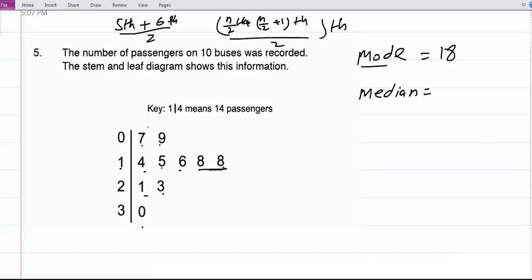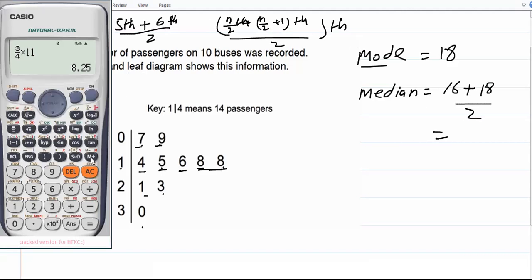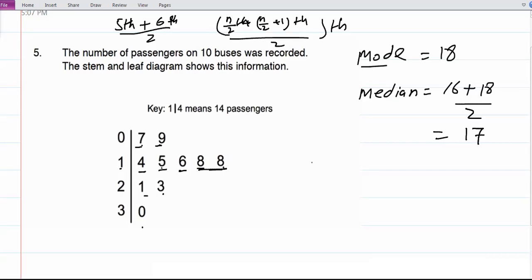Now which is the 5th value? 1, 2, 3, 4, 5. 16 is the 5th value. So 16 plus 18 divided by 2. That will be the median, because for an even number of values we follow this method. 16 plus 18 divided by 2 is 17. So it means 17 is the median.